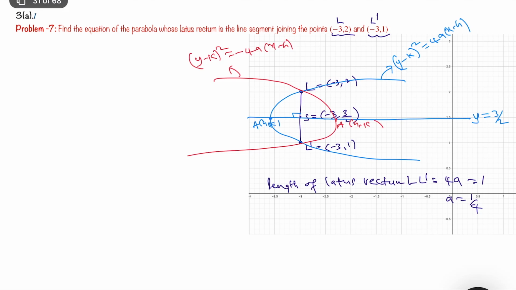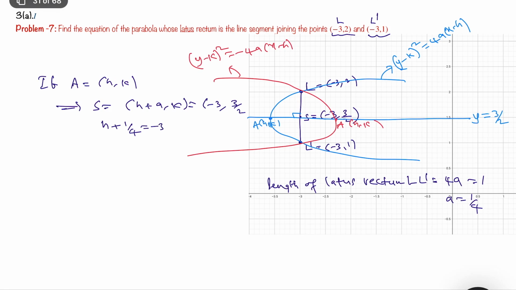Now we have to figure out h and k in the blue parabola case. If the vertex is h comma k, then S must be equal to h plus a comma k, right? But we know the focus S is minus 3 comma 3 by 2. Here a equals 1 by 4, so we should have h plus 1 by 4 equal to minus 3.